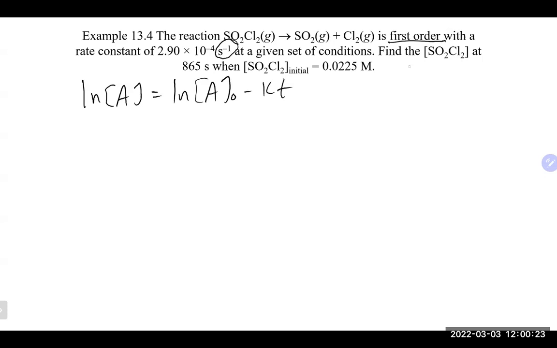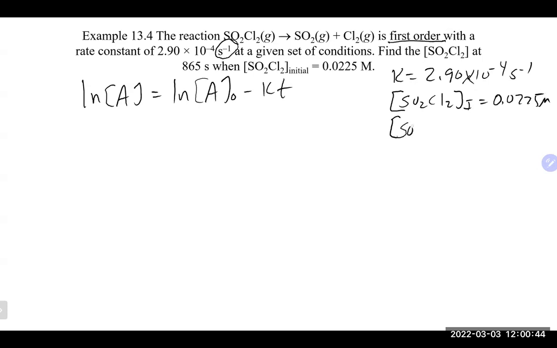In this particular case, we are given the rate constant. We are also given the initial concentration, and we're looking for the final. We're also given our time here of 865 seconds.